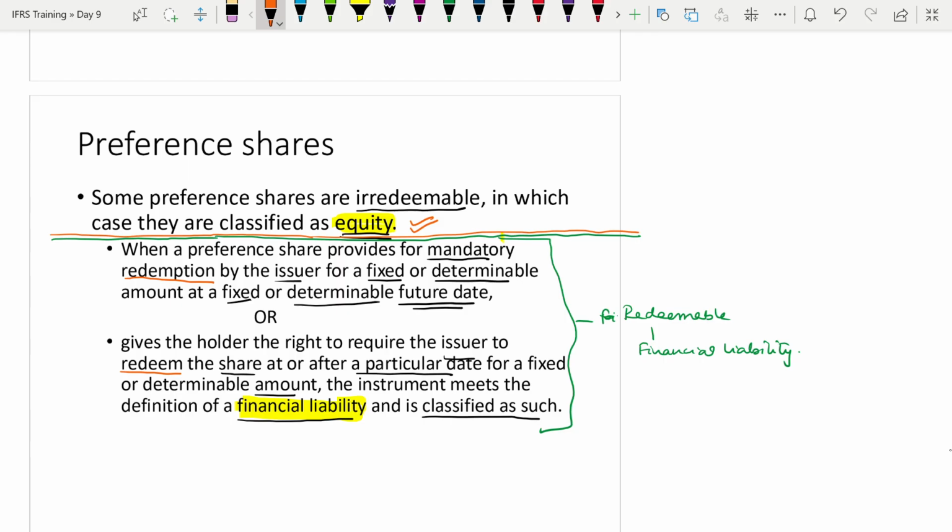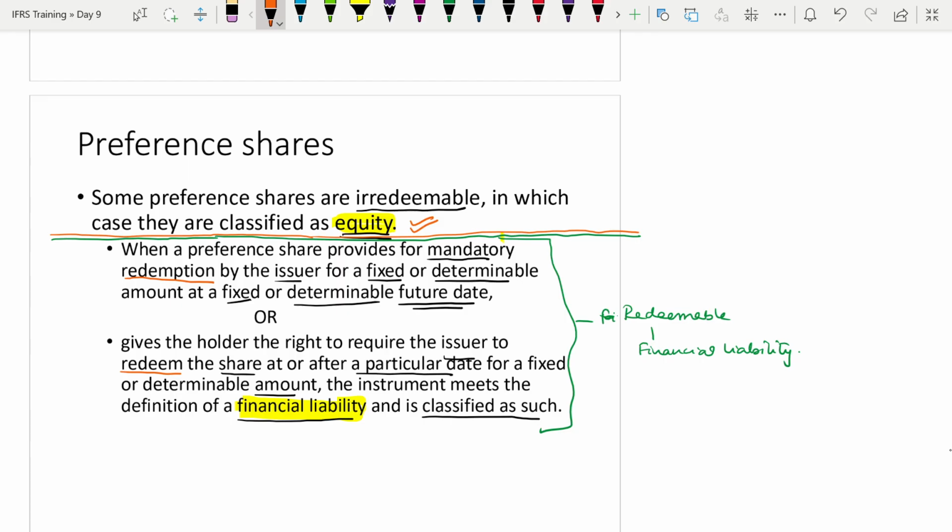Nobody nowadays issues preference shares. If I recollect my experience, somewhere in 2021, at a global level, very few companies issued preference shares.